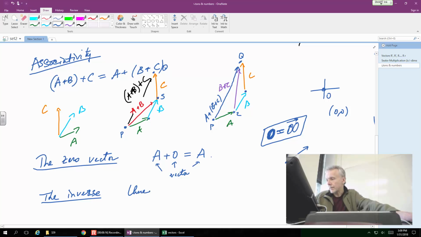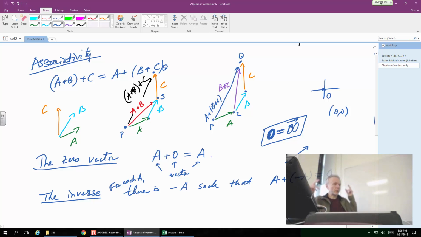There is minus A, such that A plus minus A is equal to 0 for each A. So each vector has its inverse, the one that cancels its effect.